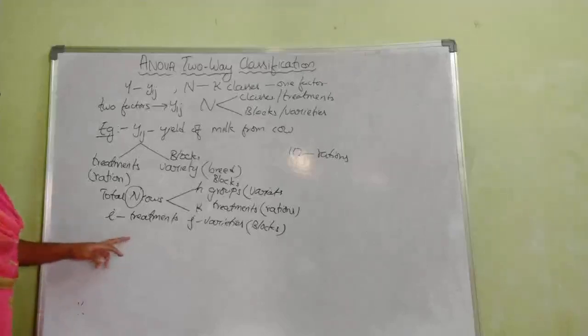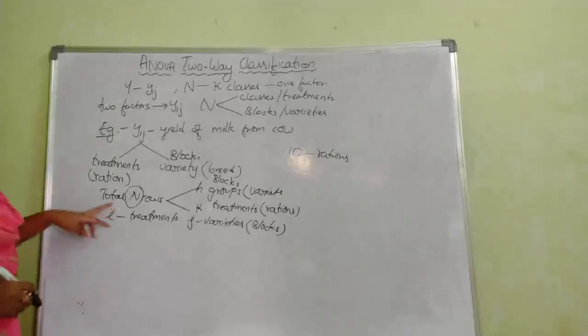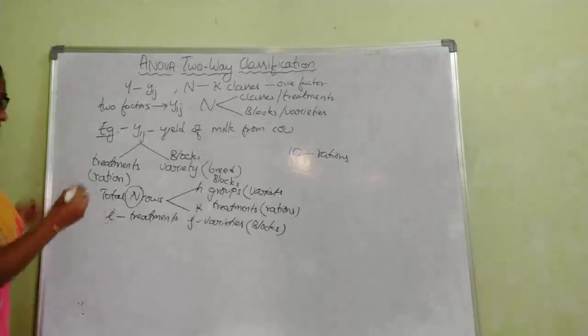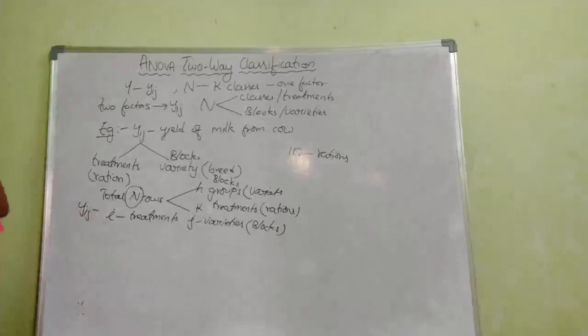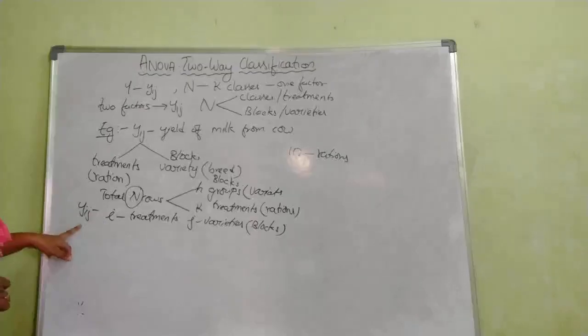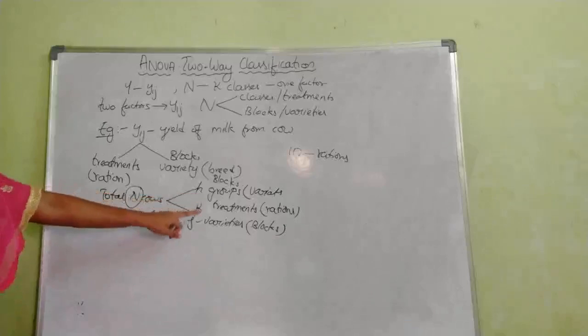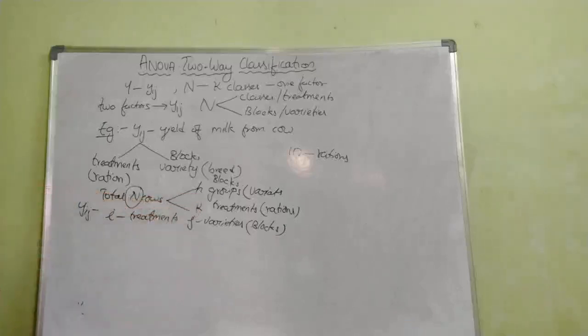So the yield, the Yij we have considered, right? So Yij, the yield of the milk of the cow, it consists of total H groups, and in each group there will be K number of treatments.